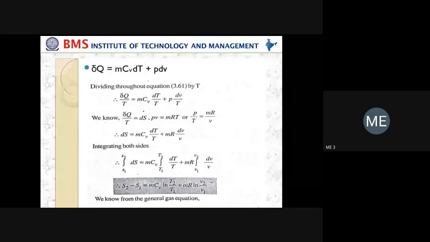So this is the entropy change equation for any process in terms of temperature and volume. You remember, whatever we derived, this equation in terms of temperature and volume, it's the one equation. Next equation.